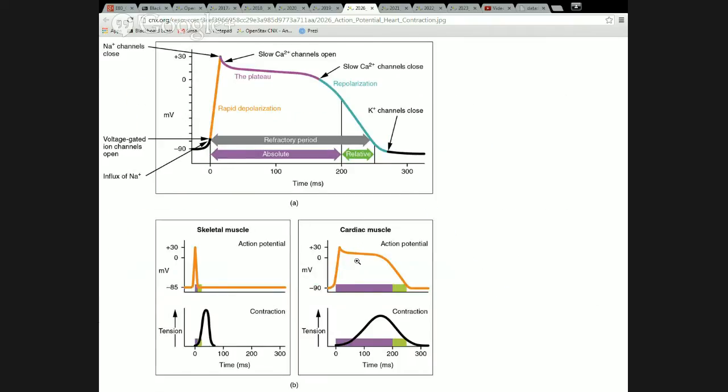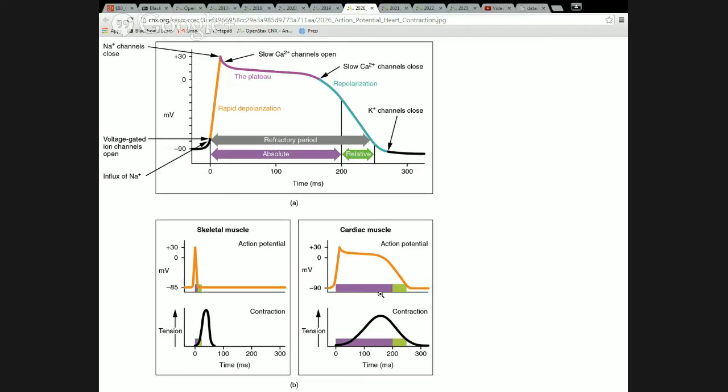So here's the plateau, calcium's entering in, and that's what's allowing for contraction. In skeletal muscles, the action potential eventually opens calcium channels and calcium rushes in and causes contraction. But the calcium is actually part of the action potential thanks to the plateau. And so contraction is really tied right to the action potential in cardiac muscle cells.